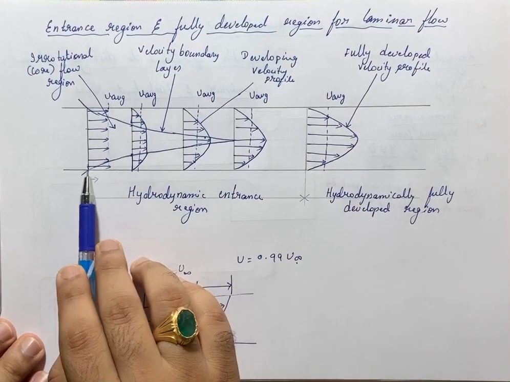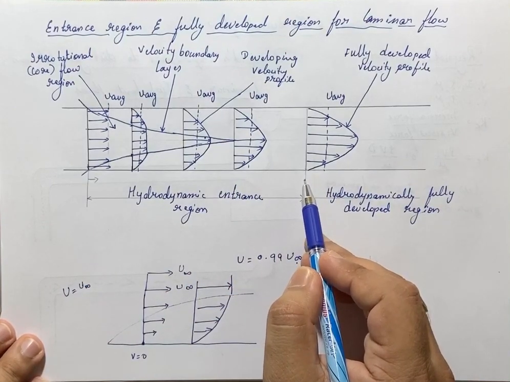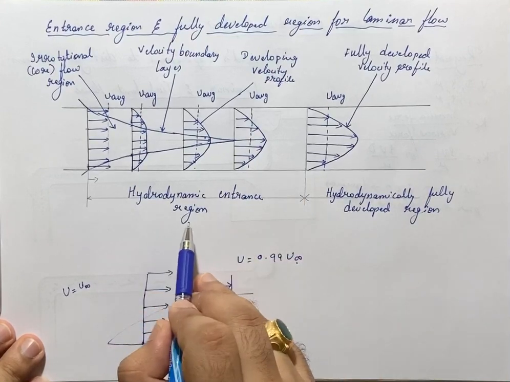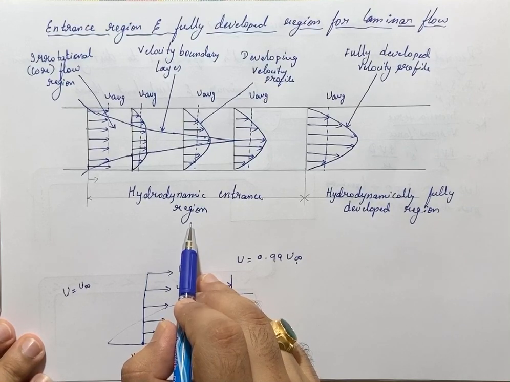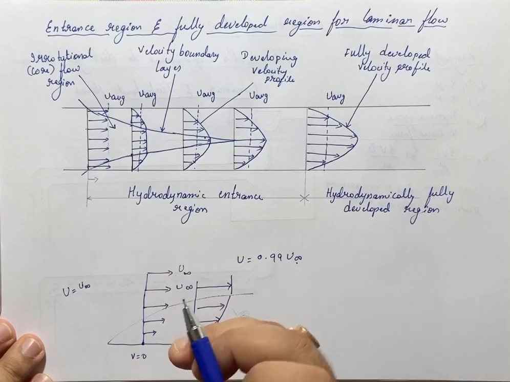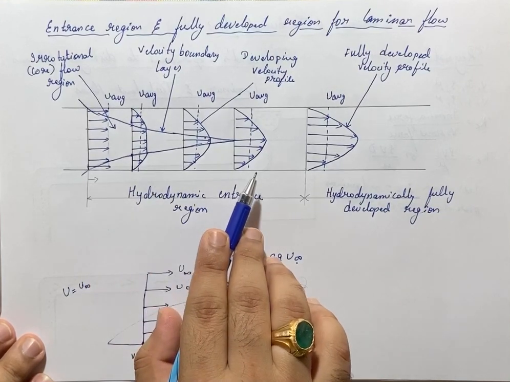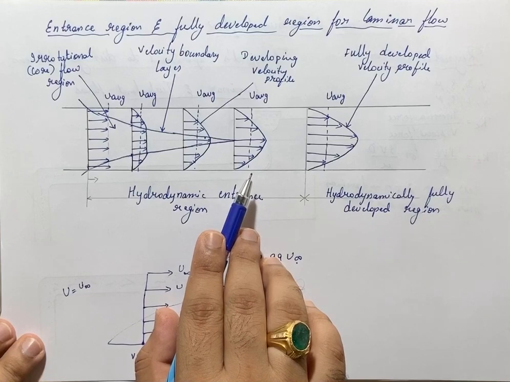This distance, from the entrance region to the fully developed velocity profile, is called the hydrodynamic entrance region here, right? That means the thickness of this boundary layer increases in the flow direction until the boundary layer reaches the center of the pipe and velocity becomes fully developed, right?